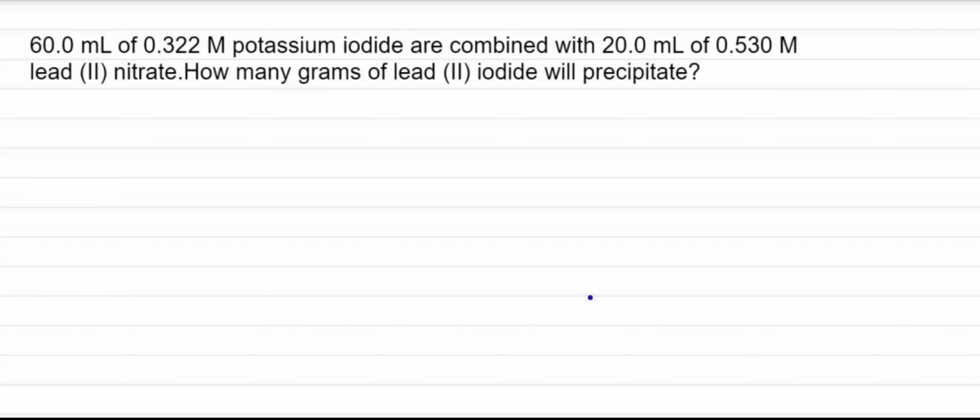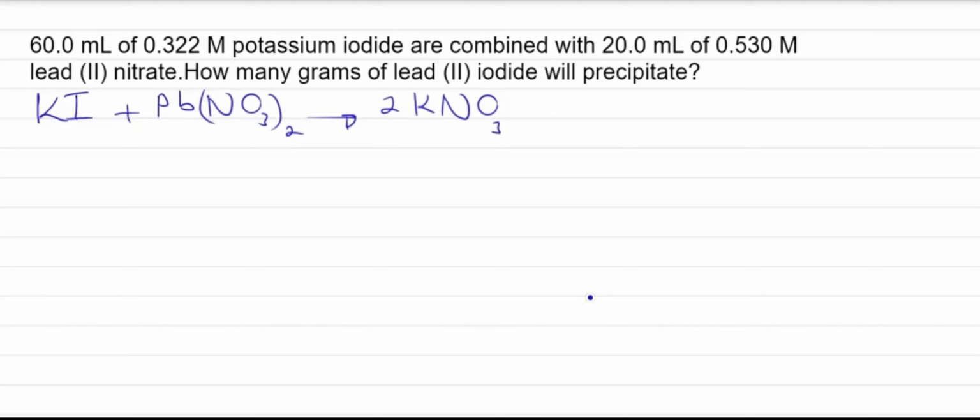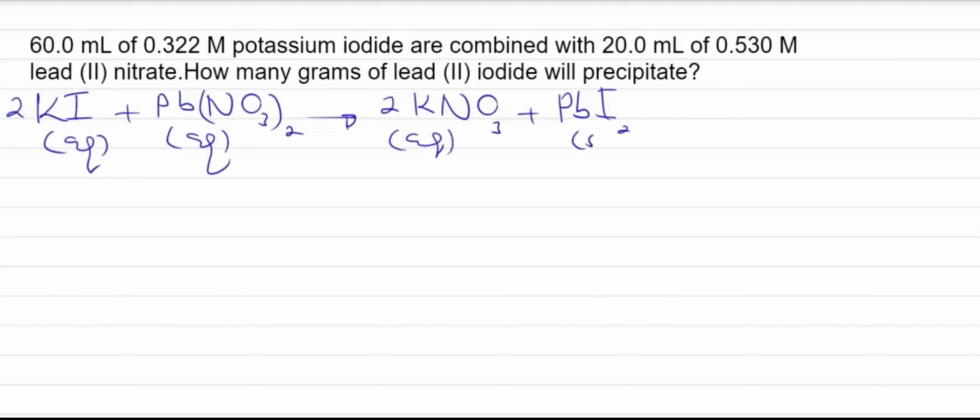That's the first thing we have to do. That is the precipitate that has been formed.